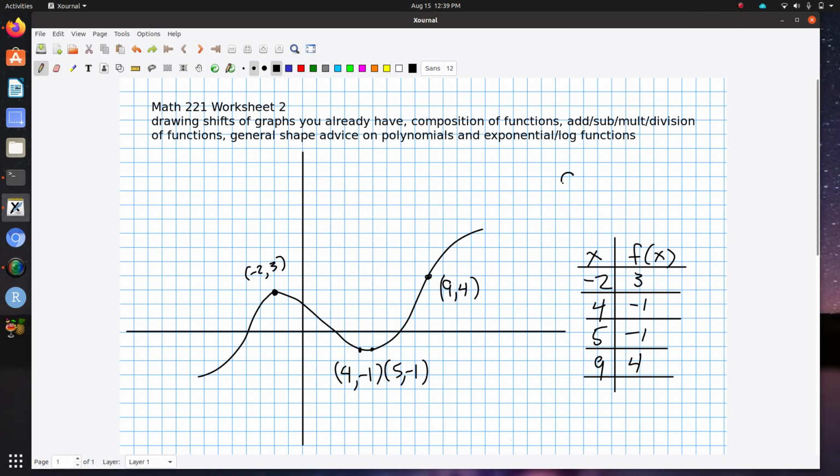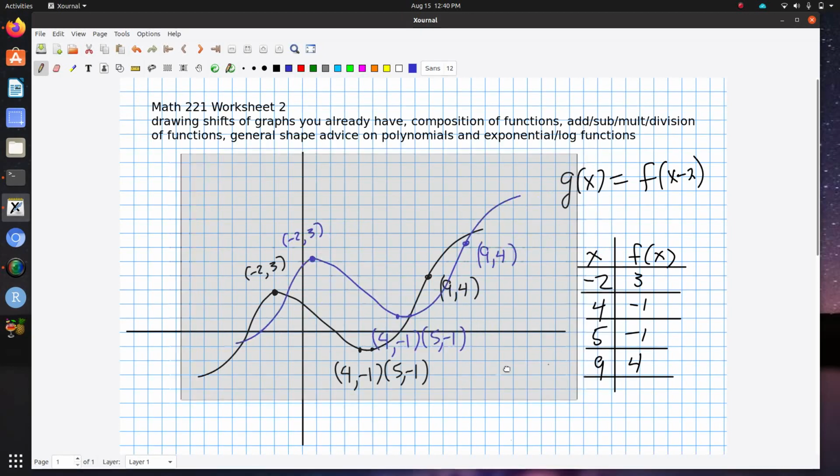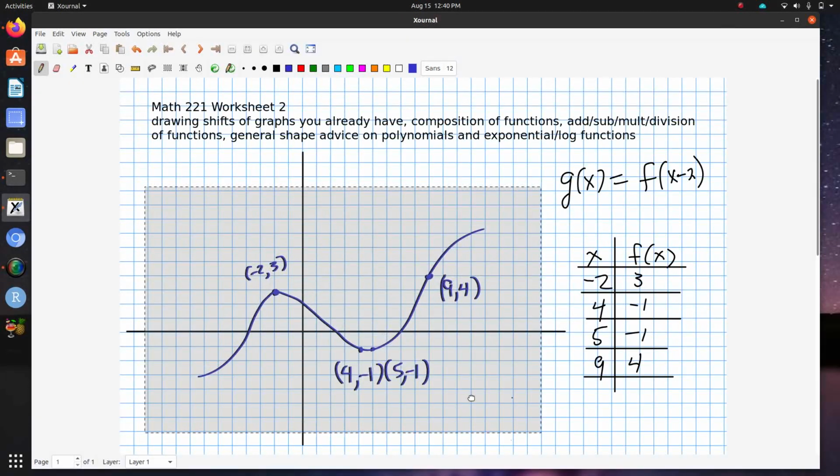What else we can do is something like g of x is equal to f of x minus 2. Now what does that actually mean? This can be tricky sometimes, so I want you to pay attention to this one. If I'm starting here at f of x, do I go to the right or do I go to the left? We would normally, instinctively, go the wrong direction.